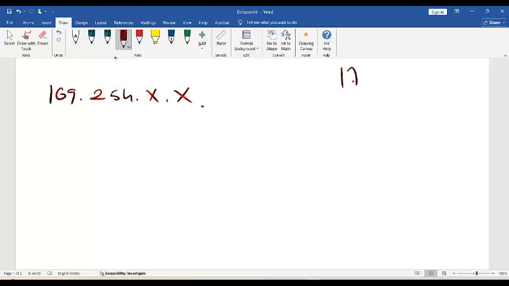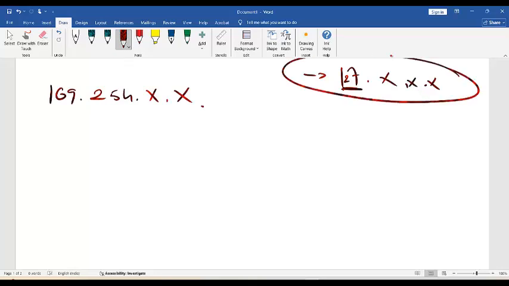We just saw 127 as loopback. Likewise, 169.254 is in between class A and B. This is a special address we cannot assign to a PC.